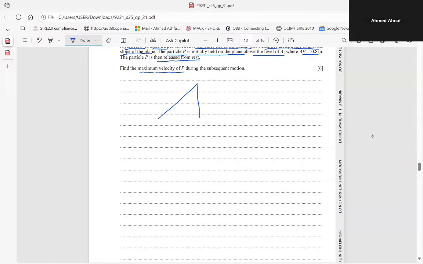we're going to first draw a diagram. Okay, so alpha will be here, and we'll let point A be here, and we'll let P be at the very top.